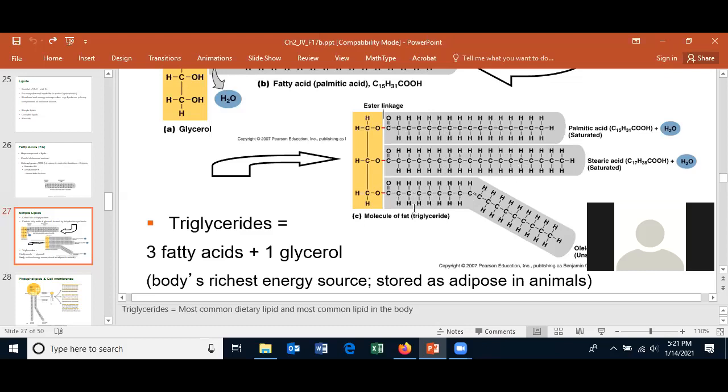You should know that triglycerides, or fats, are the body's richest energy source.